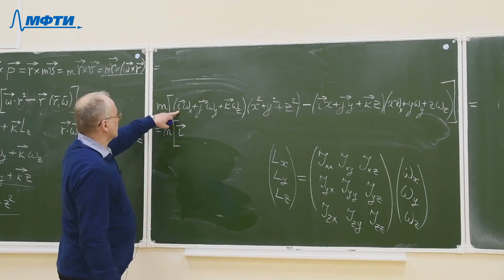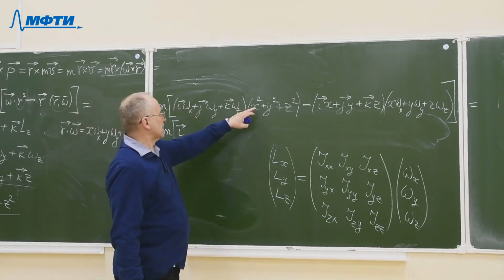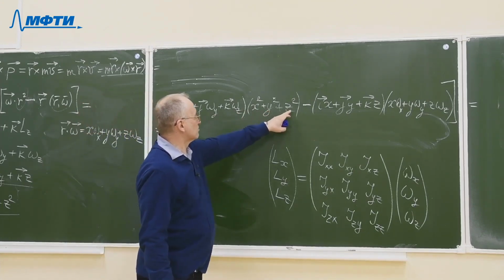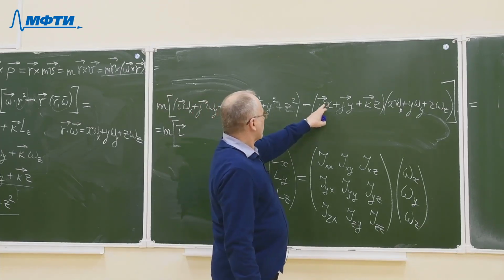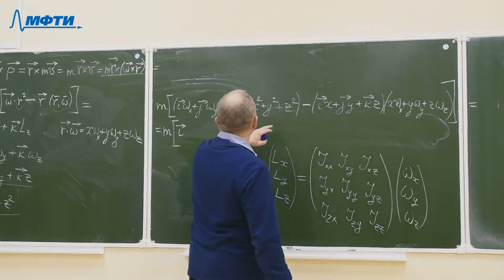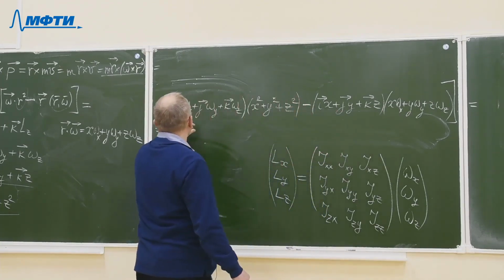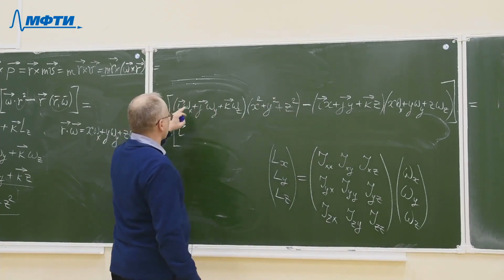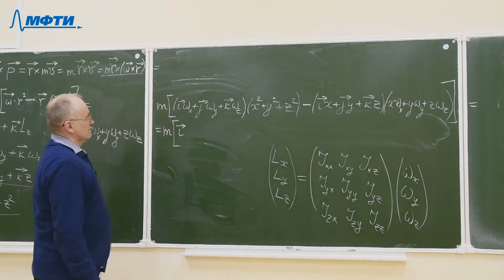At unit vector i, we will have omega x multiplied by x squared plus y squared plus z squared, and then minus x multiplied by x omega x. So omega x here and omega x here will be the same, and x squared minus x squared will cancel.